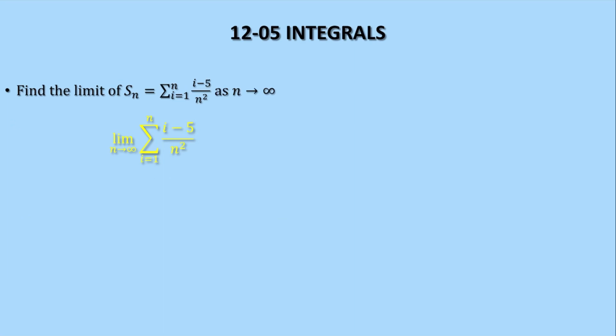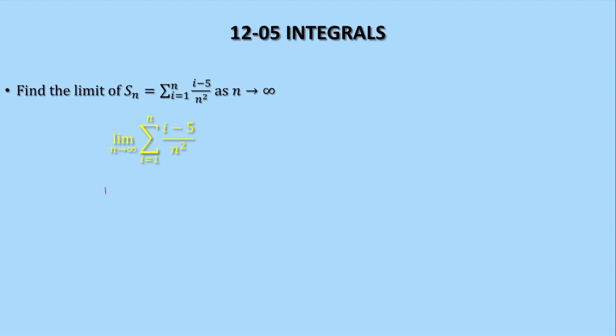Let's find the limit of this sum as n approaches infinity. So in other words, I've rewritten it: the limit as n approaches infinity of the sum from i equals 1 through n of (i minus 5) over n squared. Well, there's a couple ways we could go about doing this.